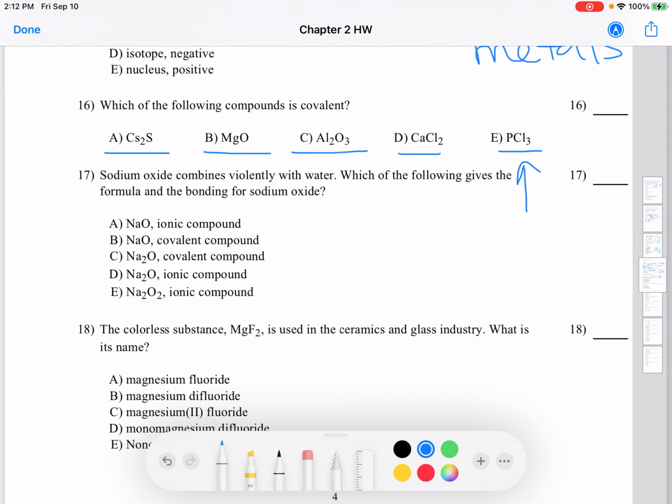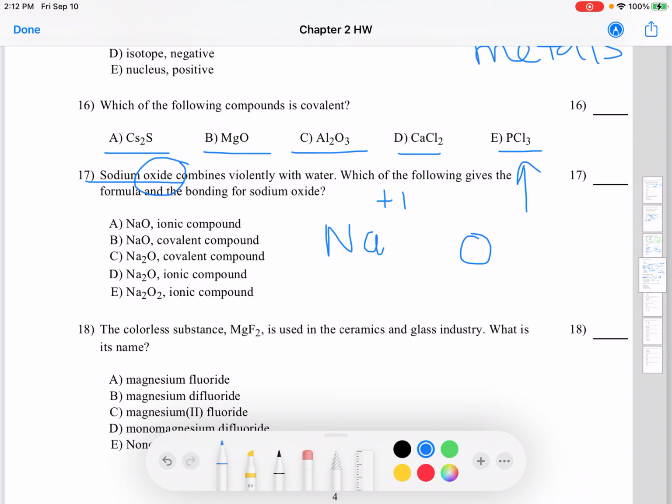And then number 17, sodium oxide, which reacts violently with water; we need the bonding and the formula. Now for sodium oxide, you first find out where the sodium is located. Sodium is in group 1, and group 1 elements normally form a +1 charge. And then oxygen is in group 6, which is a non-metal, right?